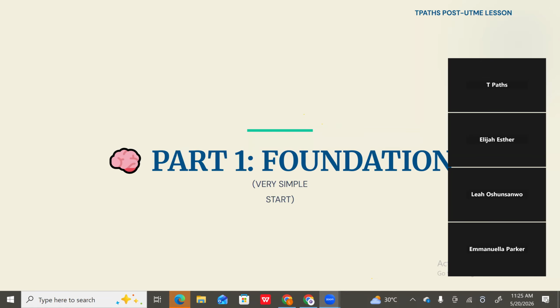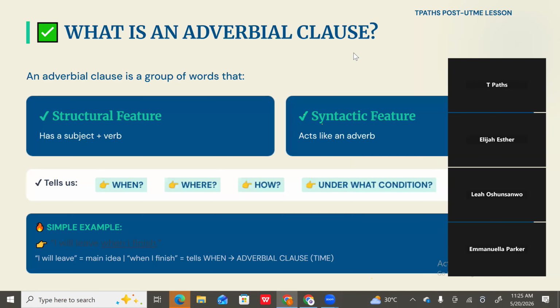Okay, let's proceed. An adverbial clause is a group of words that has a subject and a verb and acts like an adverb. So they tell us the state of a verb: when, where, how, under what condition.